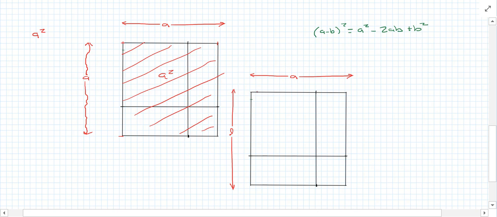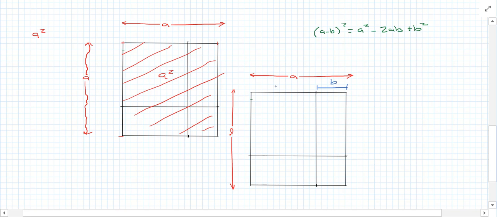If the whole length of one side of the square is a, what's b? So b would be here, from here to here. That's equal to b.